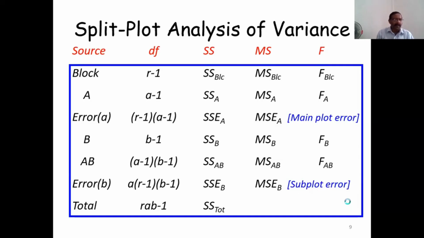Take a note of it, then we will come up with the notations in a few seconds, and the model as well. Then the ANOVA table. This is the summary ANOVA table for a two-factor case. So we have main plot, subplot and the blocks.